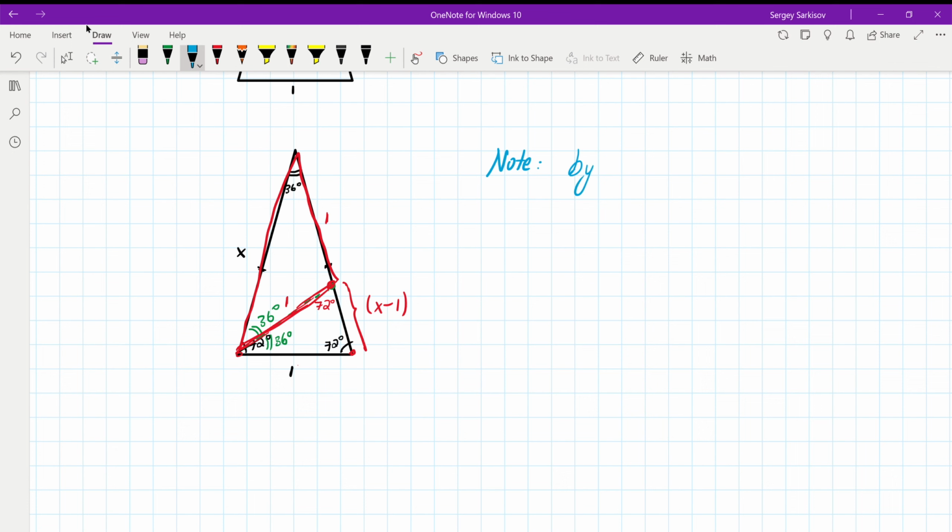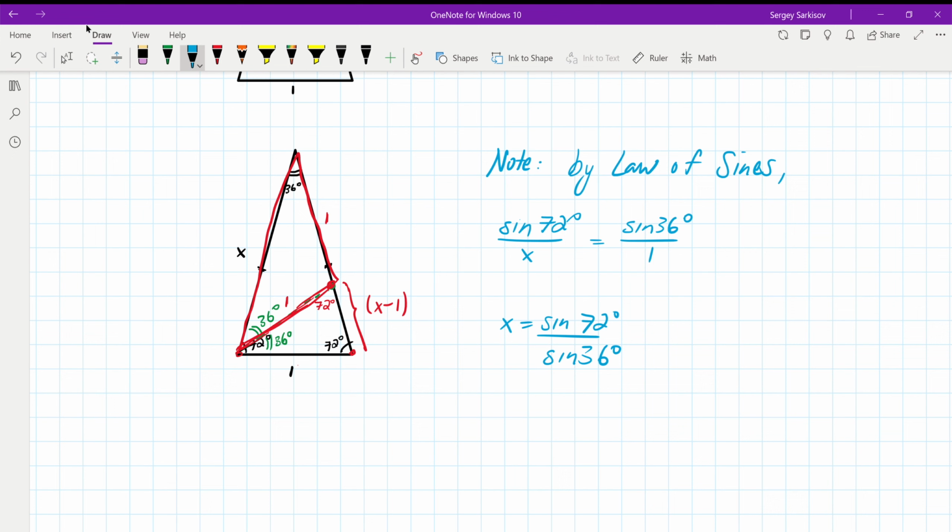By law of sines, which we've done earlier in other videos, we know sine over side. So sine of 72 degrees over x is equal to sine of 36 degrees over 1. So x is equal to sine of 72 degrees over sine of 36 degrees.